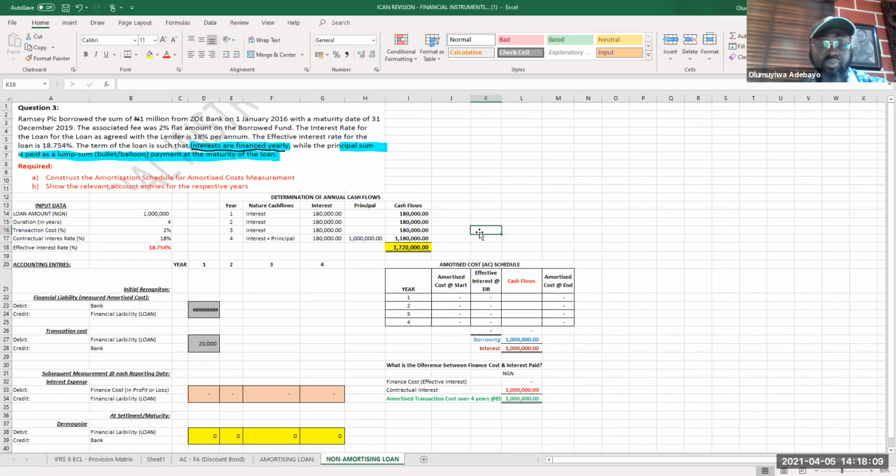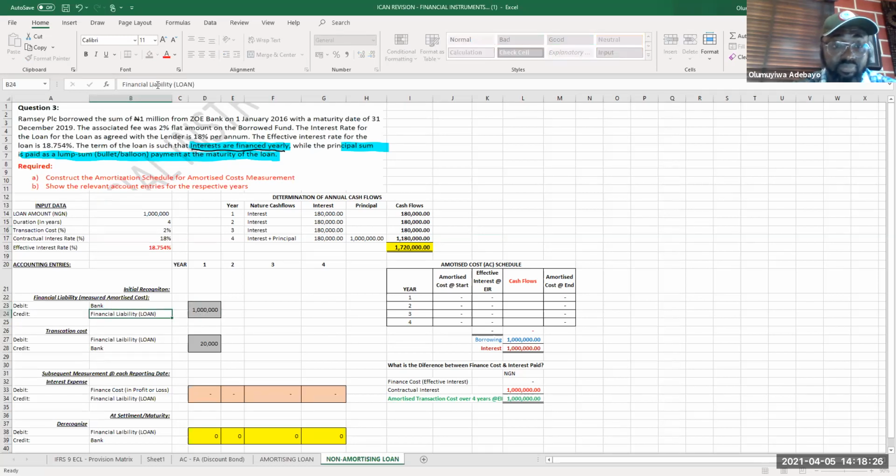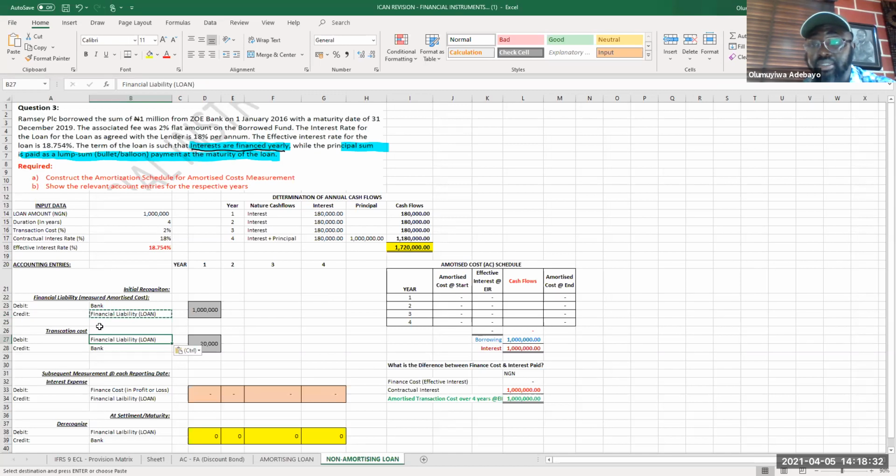Okay. Now look at what has happened. At initial recognition, we'll have recognized the 1 million borrowed as a financial liability, by way of debit to bank and credit to liability, 1 million.